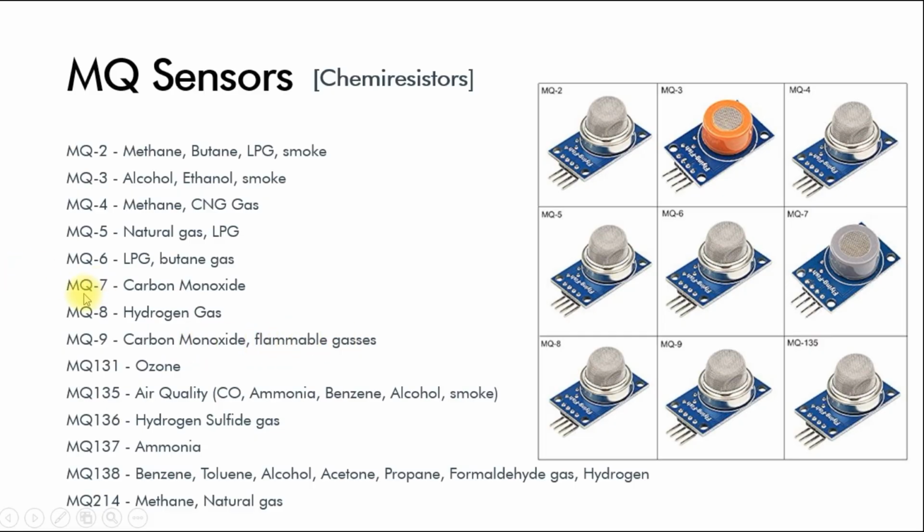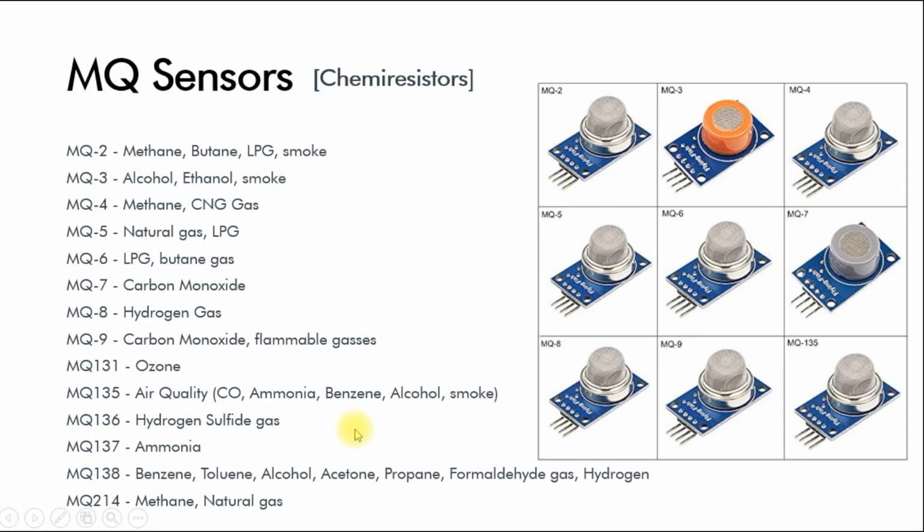MQ7 selectively identifies only CO. MQ135 is also called an air quality sensor. It can identify the combination or individual presence of CO, ammonia, benzene, alcohol and smoke.